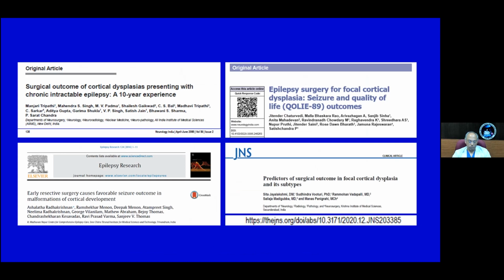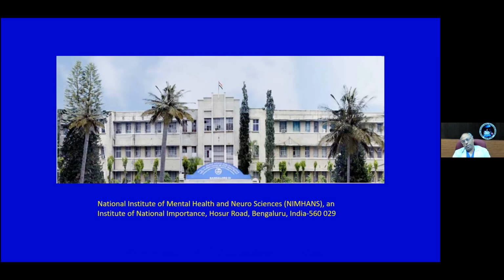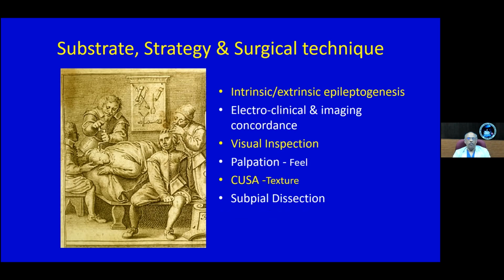These are recent publications from some of the institutions in India. At NIMHANS, over the past 10 years, we took care of about 150 people with various malformations, and were able to achieve outcome at par with the established centers. And I'll present a few illustrative cases, and you will see a common pattern in these cases.